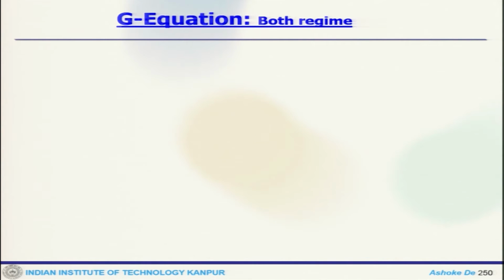Now one can see when you have thin reaction zones where your Karlovitz number is greater than 1, your curvature term is dominant. Why?